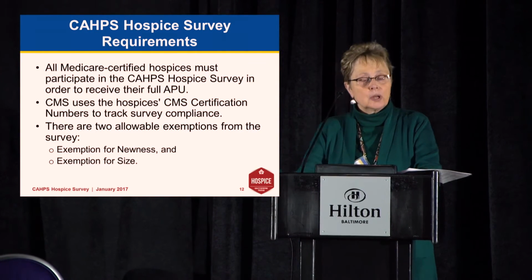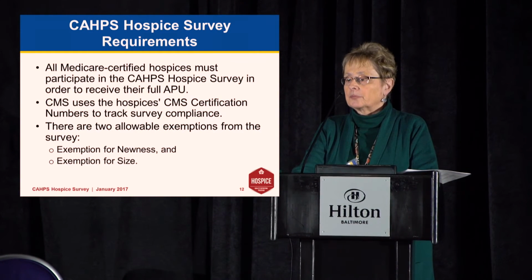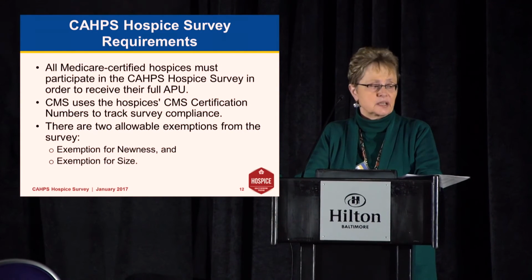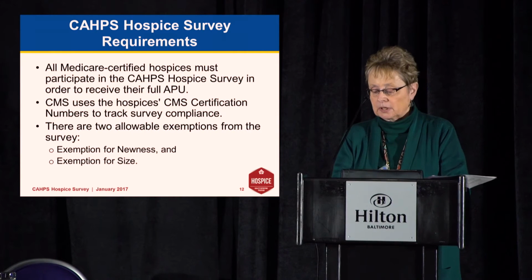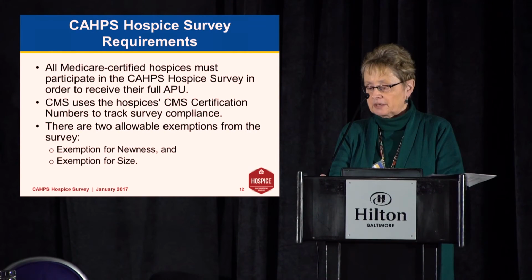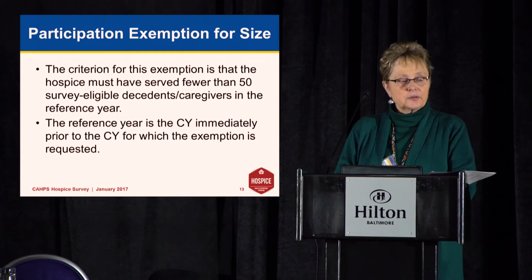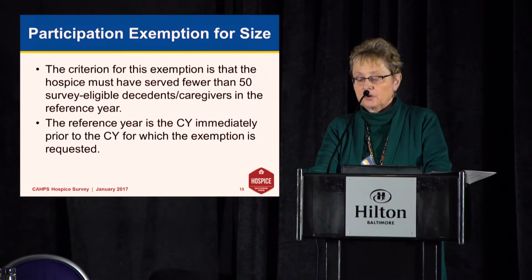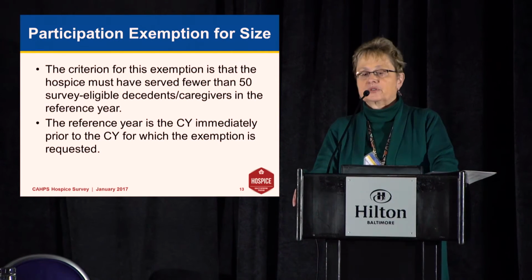Okay, there are 2 allowable exemptions from the Hospice CAHPS survey, and they're quite different. One of them is size, and the other is newness. Let me give a little bit more discussion on each of these. The criterion for the size exemption is that your hospice must have served fewer than 50 survey-eligible decedents and caregivers in the reference year.